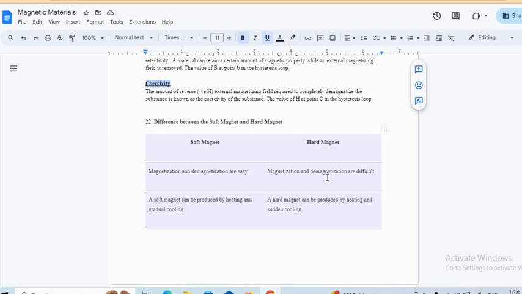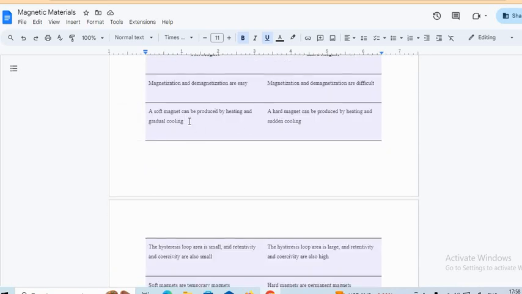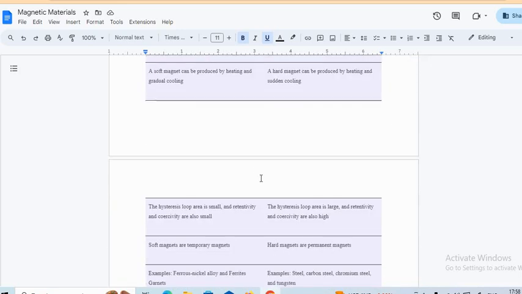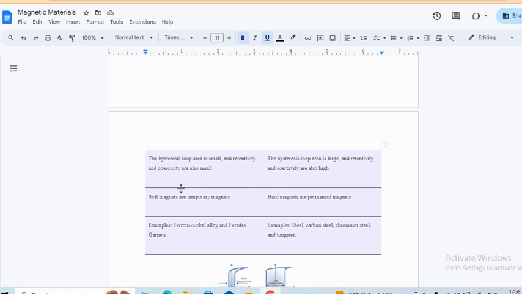In a simple way, one can sense that magnetization and demagnetization is quite easy in soft magnetic material, but hard is difficult. There will be some heating effect in the hysteresis, so there will be some losses. And the soft magnets are temporary magnets, whereas the hard magnets are permanent magnets.